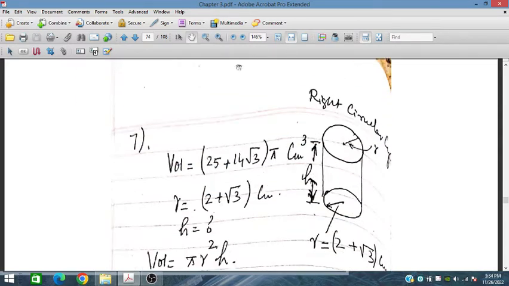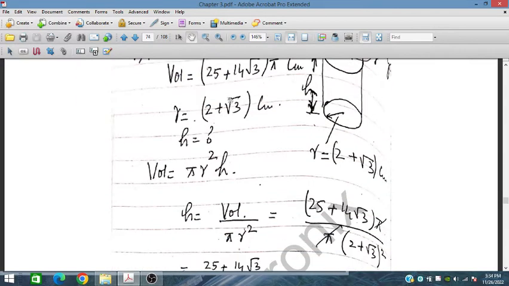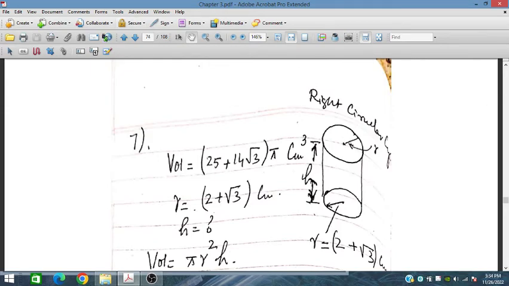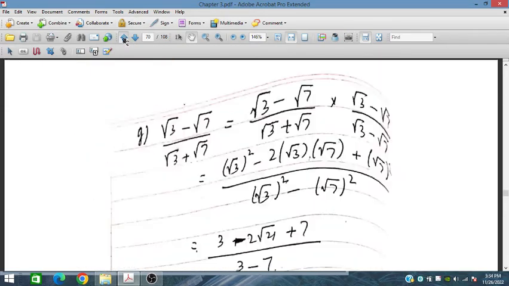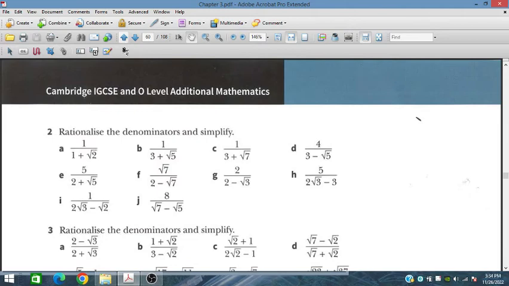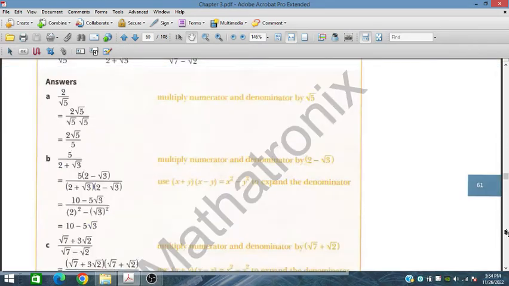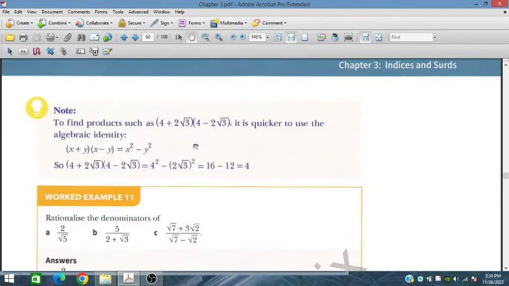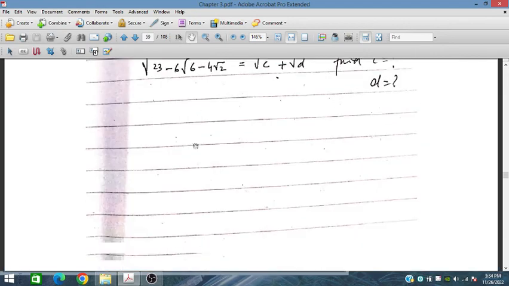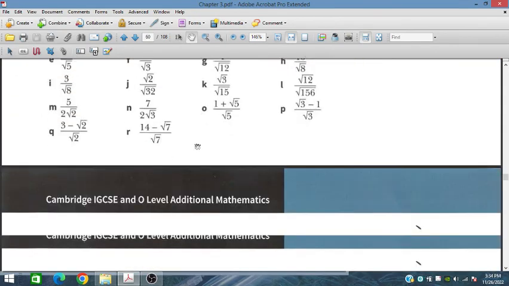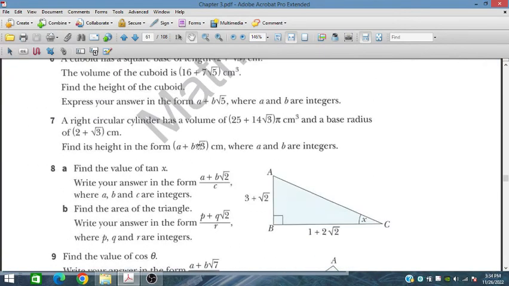And we have question number 7. So first read question number 7 from here. A right circular cylinder has a volume.